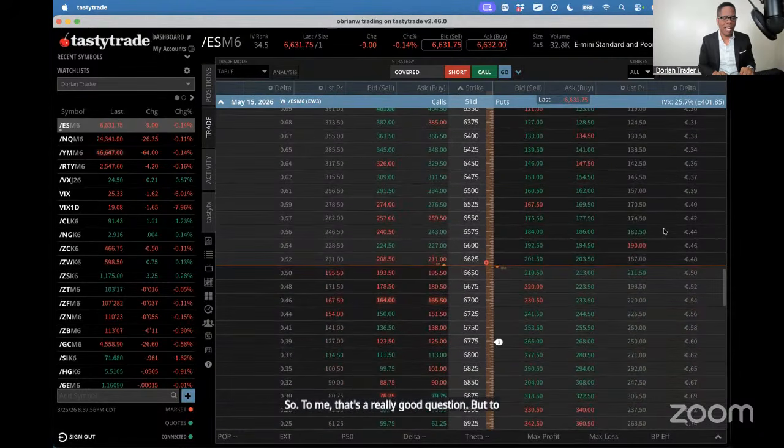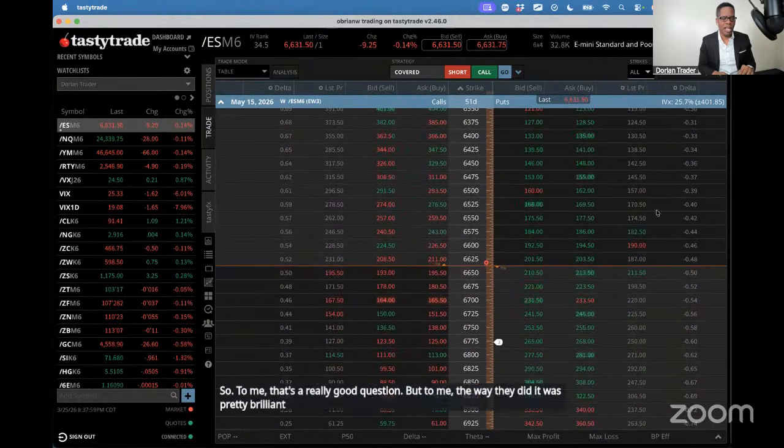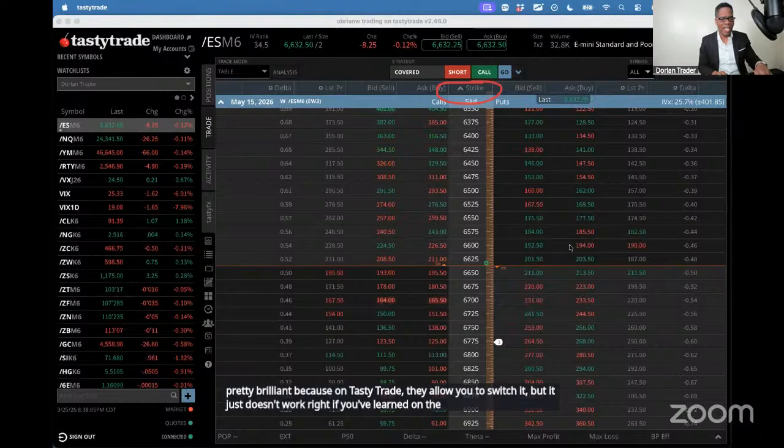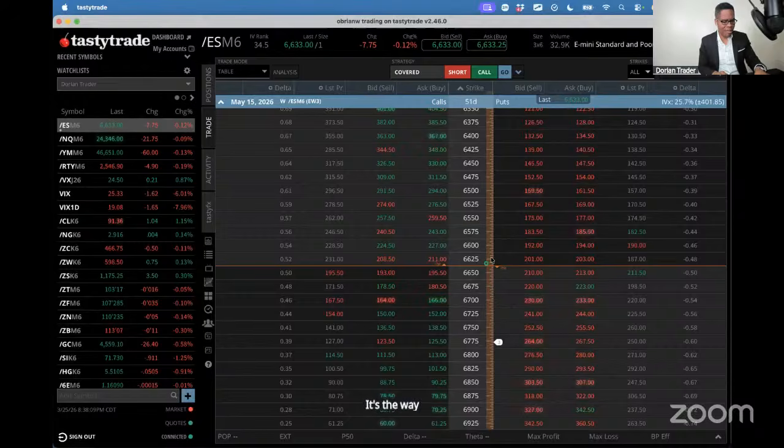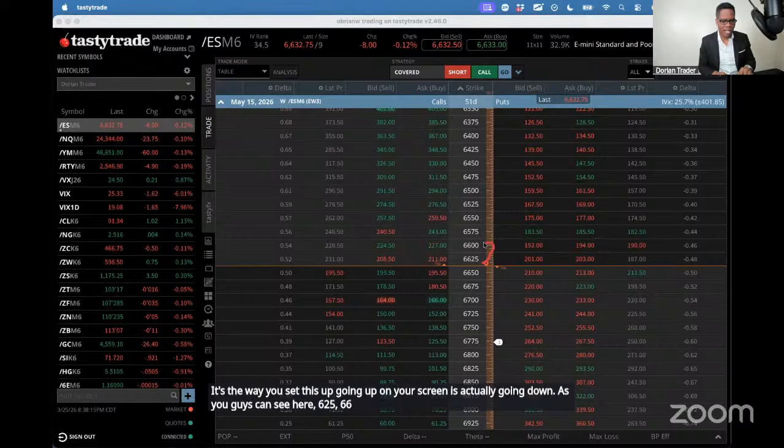But the way they did it was pretty brilliant, because on Tasty Trade they allow you to switch it, but it just doesn't work right if you've learned the normal way. Going up on your screen is actually going down in price, as you can see here: 6625, 6600, and so forth. That's actually going down.